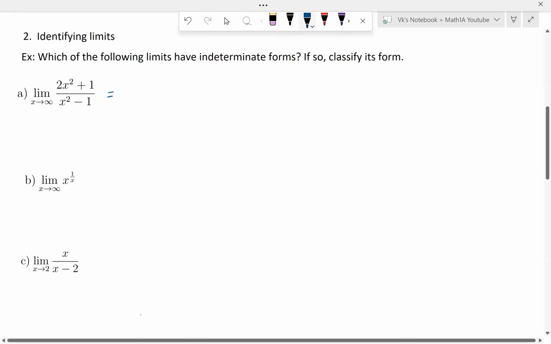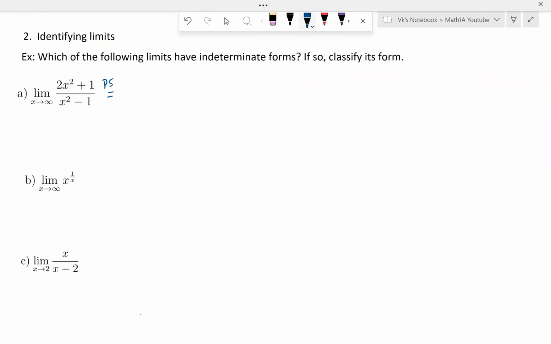Do a direct substitution: we have 2 times infinity squared plus 1 over infinity squared minus 1. Infinity is the numbers just keep getting bigger and bigger, so it's infinity over infinity. Indeterminate quotient.